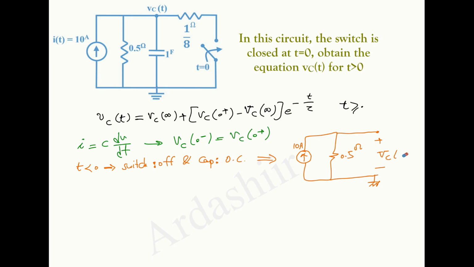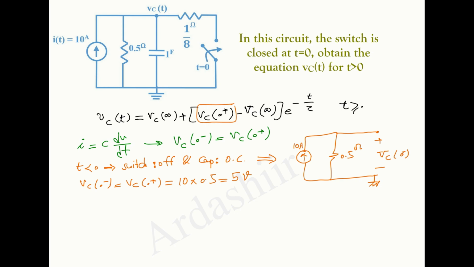This voltage is Vc of 0 minus, and so Vc of 0 minus equals Vc of 0 plus, and this equals 10 times 0.5 ohm, and this equals 5 volts. So in this equation now we found the Vc of 0 plus.